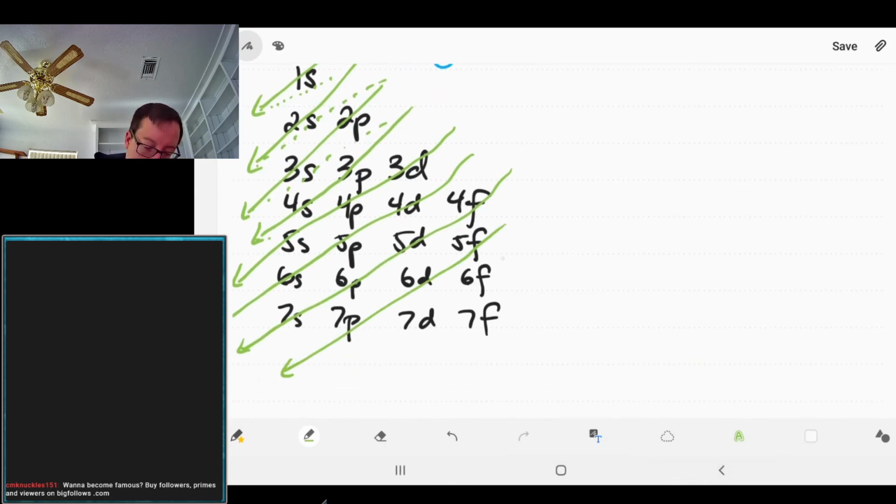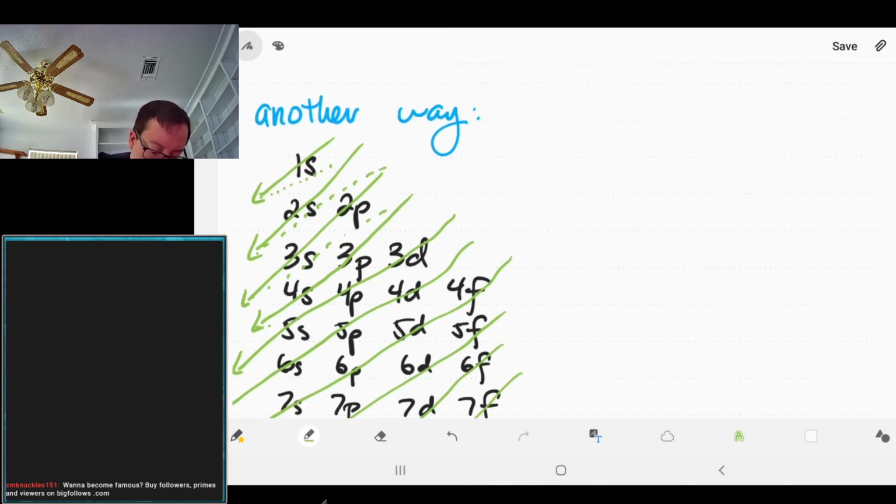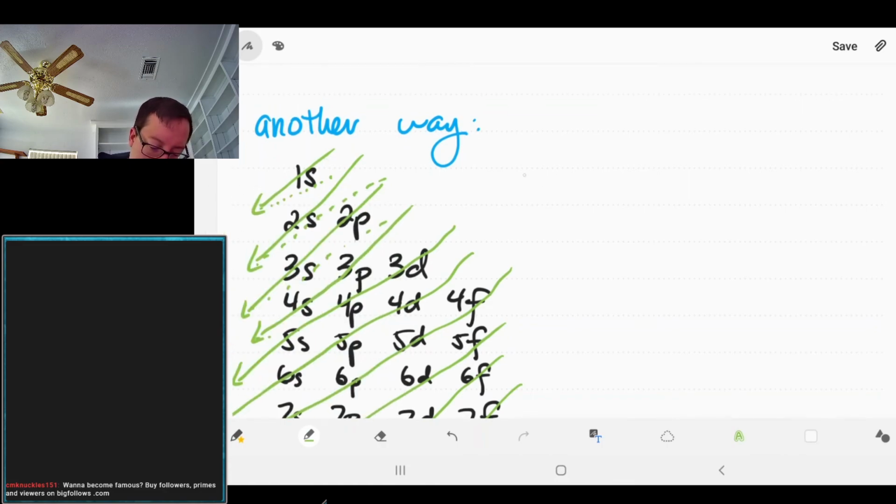And we follow these in order. So this tells us, as we go through 1s, that's our first one to fill. Then we go back up to the next arrow, now that we've finished it, and that arrow goes through 2s. And then we go back up to the top again, and now we are going through 2p and 3s.